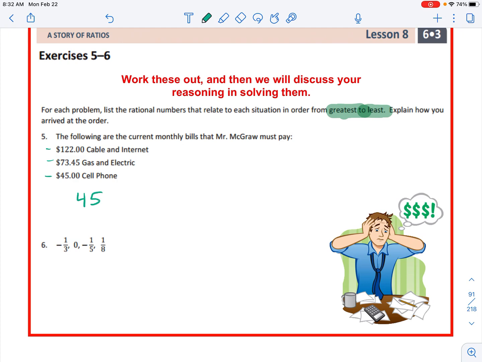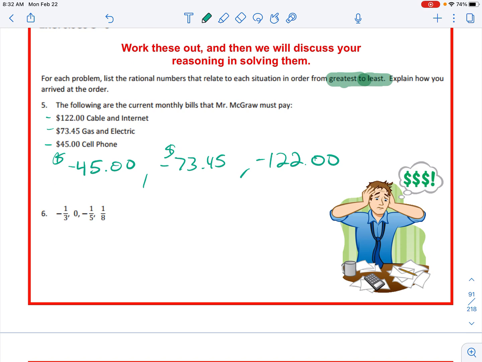So it's negative $45. Okay, then negative $73.45. Then negative $122. Okay, sorry about that. Greatest to least gets a little bit confusing, especially when you're used to doing least to greatest. Okay, last one, number 6, we have negative 1/3, 0, negative 1/5, and 1/8.